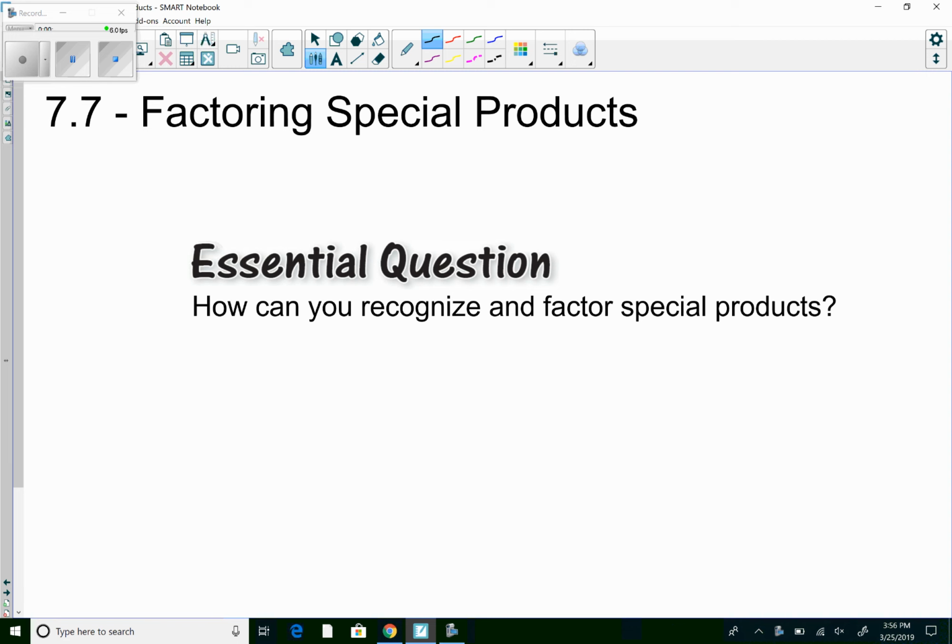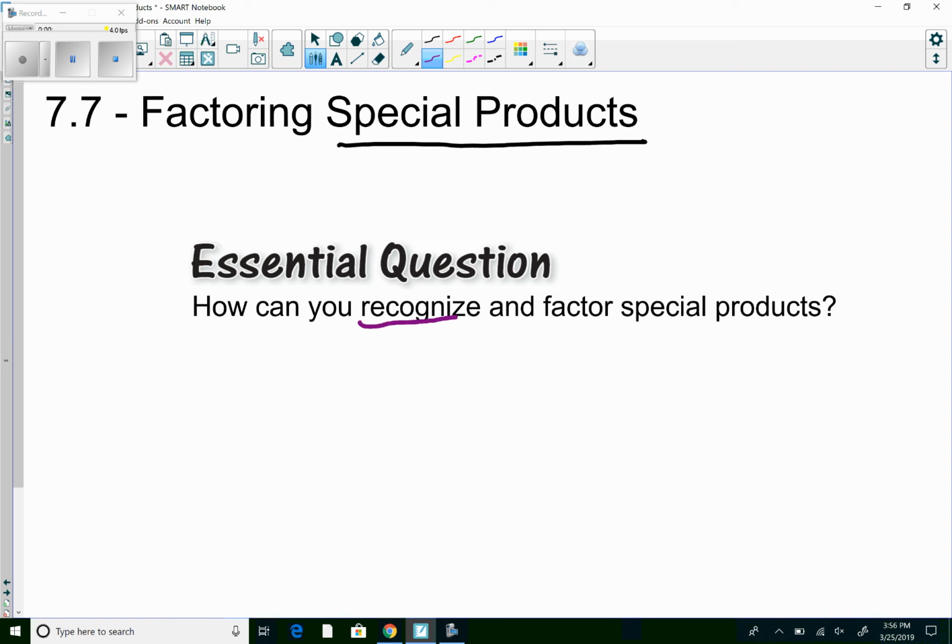So we're just coming off of factoring in the form of ax squared plus bx plus c and basic x squared plus bx plus c. So now what we're looking at for this lesson is factoring special products. Our essential question: how can you recognize and factor?